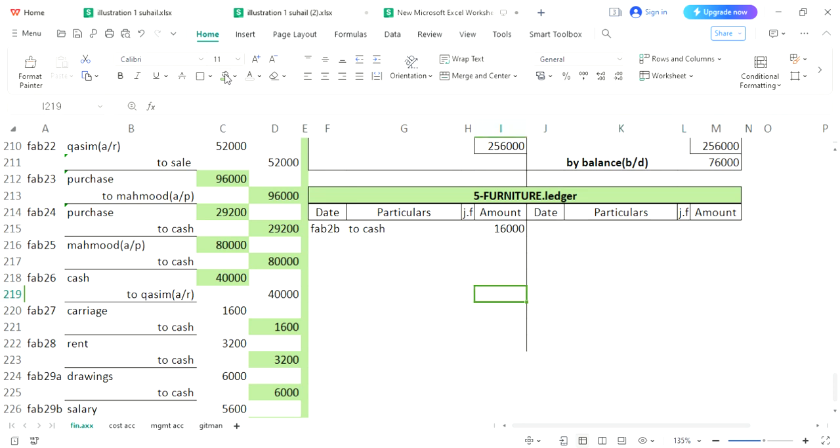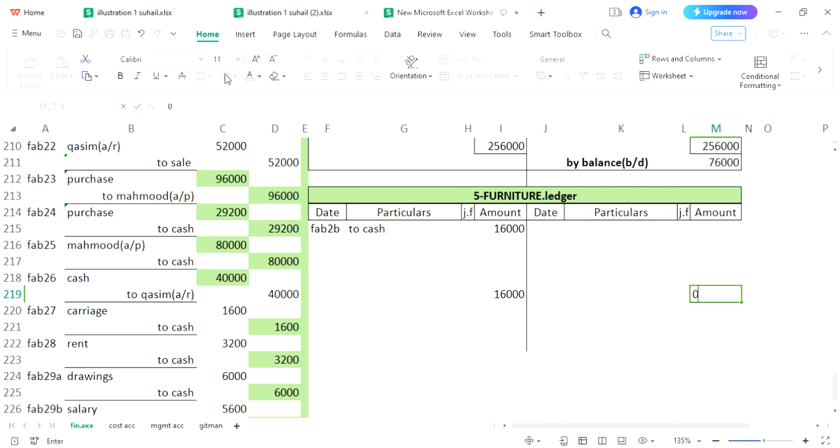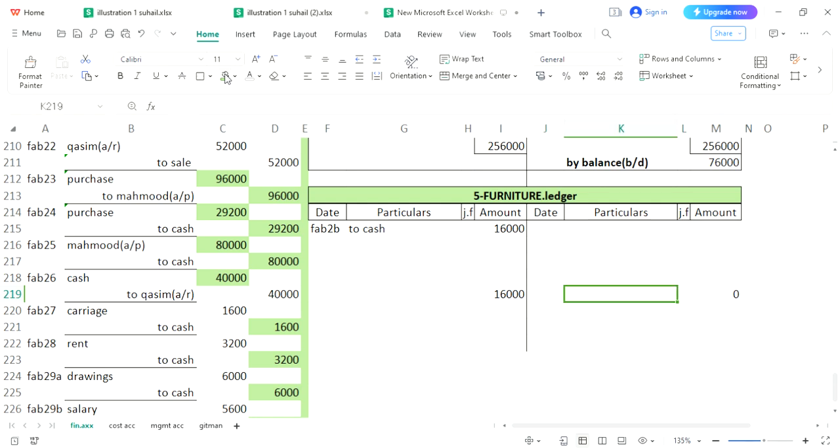First, to calculate the sum of both sides. Sum of debit side is 16,000 as there is only one amount present on debit side. Credit side sum is 0 as no amount is mentioned on the credit side. First step is to calculate the sum and then make the comparison. You are making comparison of total of both sides.